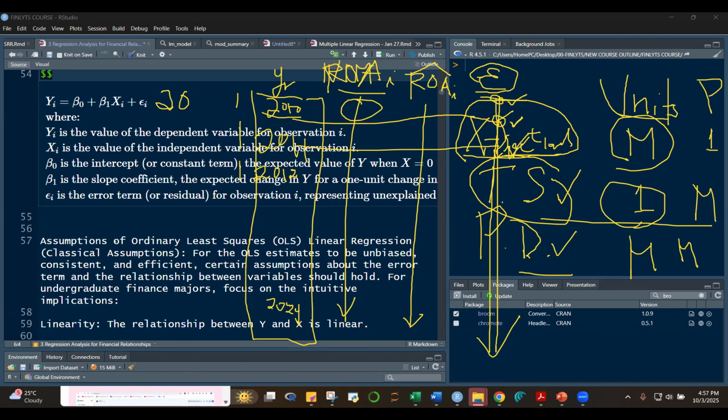Then 20 for 2012, etc. So all these insurance companies are present in your data from 2010 up to 2024. So you have many companies, 20, and many years, that's 15 years from 2010 to 2024. So many companies, many years, that's what you call your panel data.